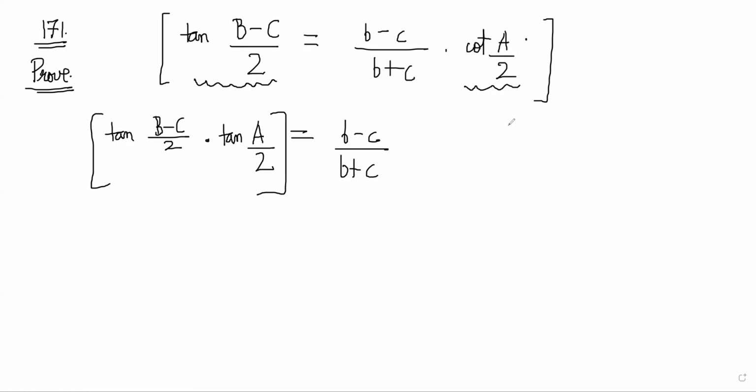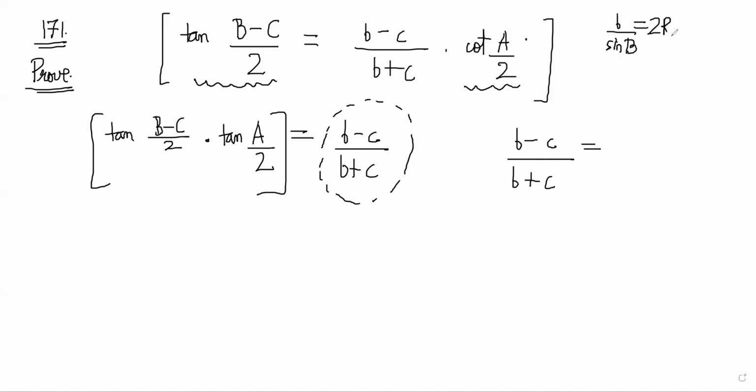And now I'll simplify this stuff using sine rule. Because (b minus c) by (b plus c), by sine rule, b by sine B was equal to 2R, is equal to c by sine C. So obviously b can be written as 2R sine B and c can be written as 2R sine C.